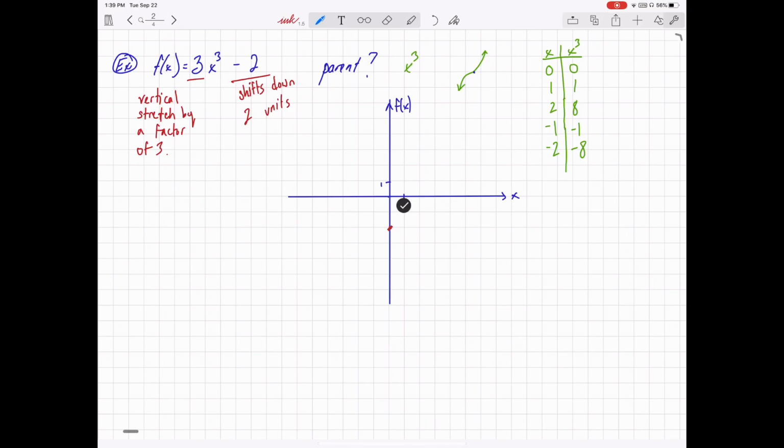Normally, we would go over 1, up 1, for this function. But since we have this factor of 3, it's going to be over 1, up 1 times 3. So I would have a point here. Normally, from that origin, I would go to the left 1 and then down 1.